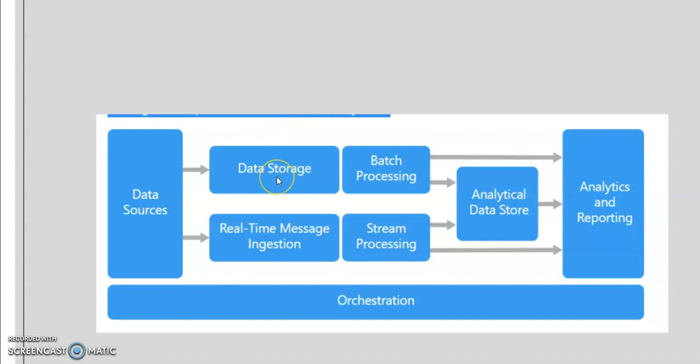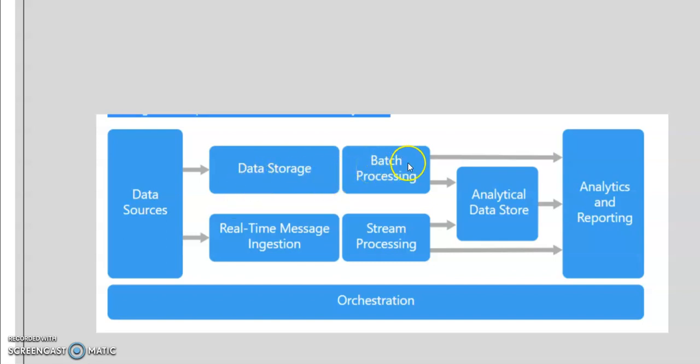Then the data storage: in order to process the data, it needs to be stored. Often the options for implementing the storage include Azure Data Lake or blob containers, which are available in Azure Storage. We take those things.